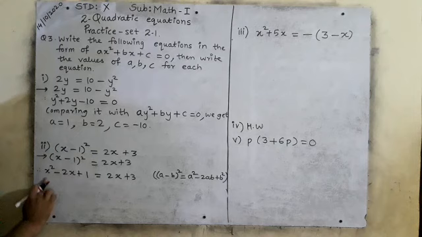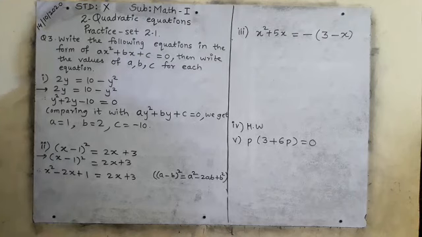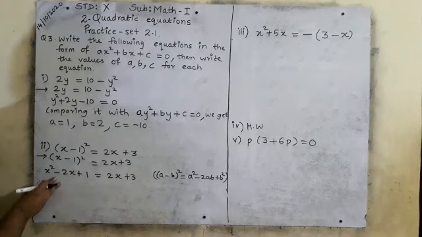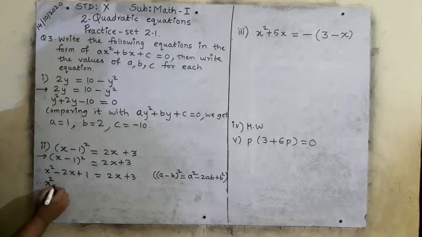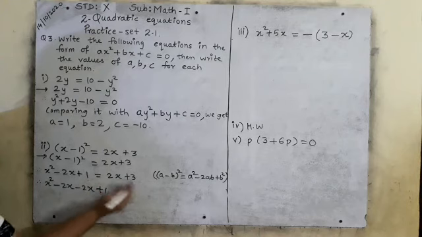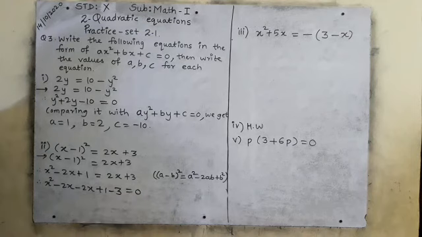See, x square minus 2 multiplied by x multiplied by 1, that is minus 2x, and plus 1, that is the second term square, that is plus 1. 1 square is 1. Now what will you do here? This everything will come to the left hand side. See, x square minus 2x. This 2x also will come here. It will be minus 2x. Plus 1 was here. This plus 3 will come this side. It will be minus 3 is equals to 0.